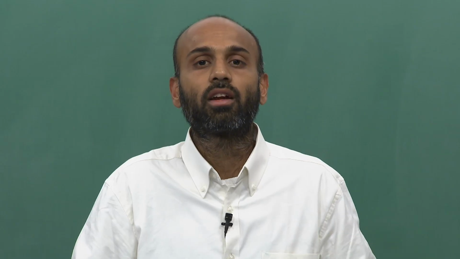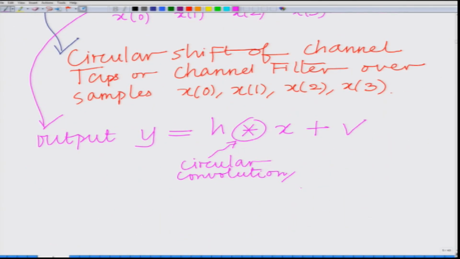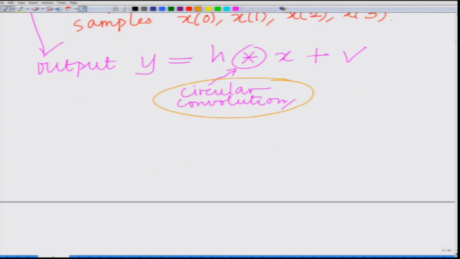Therefore, because of the addition of the cyclic prefix, the action of the channel on the input symbols represents a circular convolution, and the output y is the circular convolution of the channel filter h with the samples x plus the noise. This is the important point. By addition of the cyclic prefix, we have converted the output of the channel into a circular convolution. Why is the circular convolution arising?